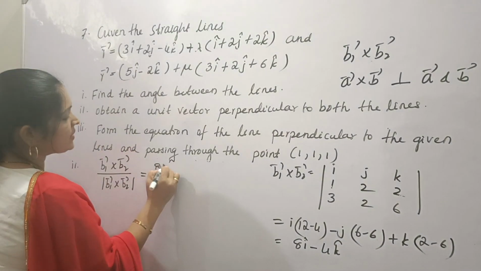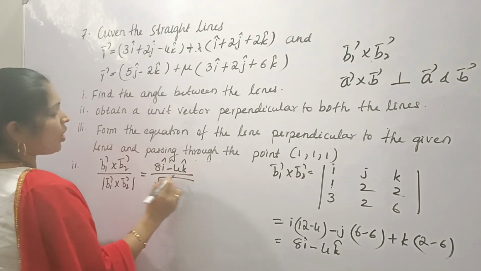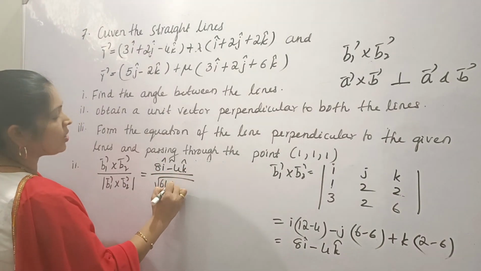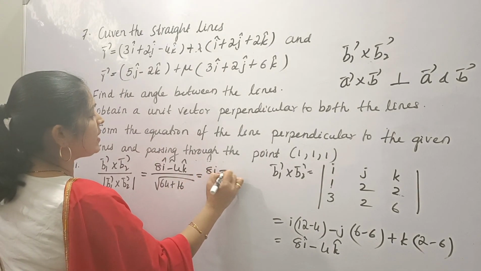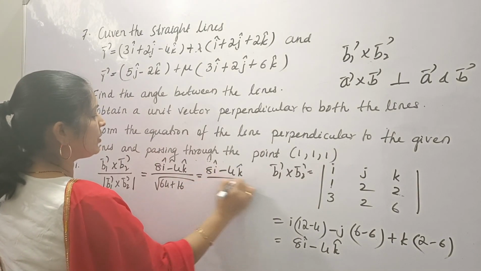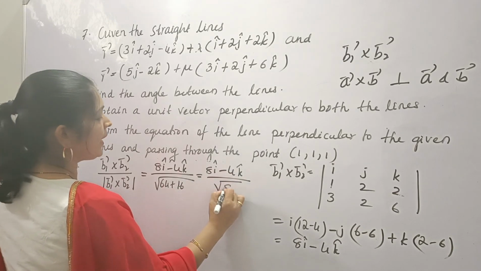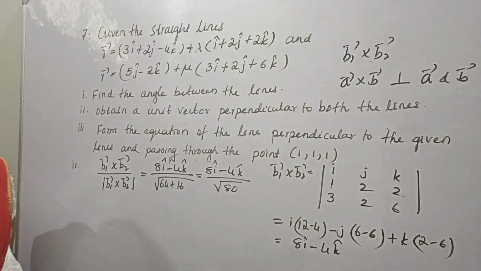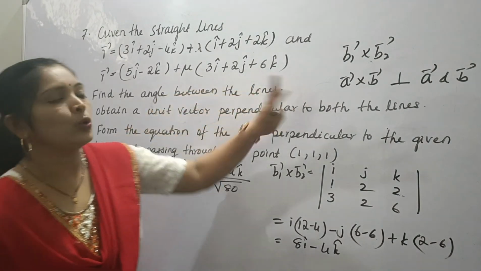That is 8i minus 4k divided by root of 8 squared, 64, plus 4 squared, 16. That is equal to 8i minus 4k divided by root 80. Now we have got a unit vector perpendicular to both the lines.